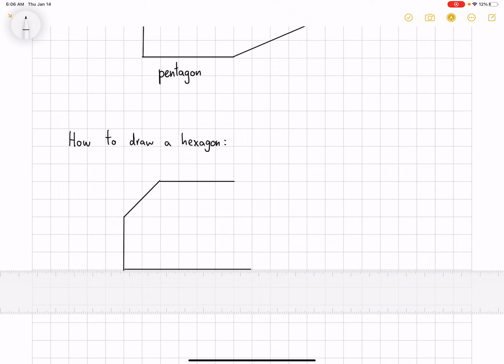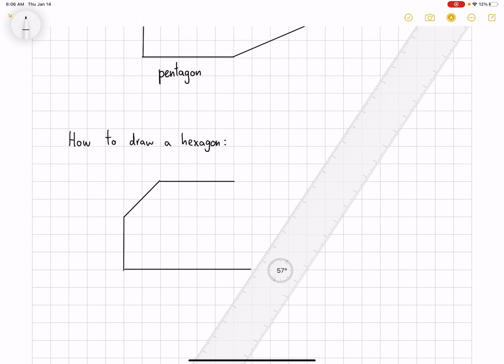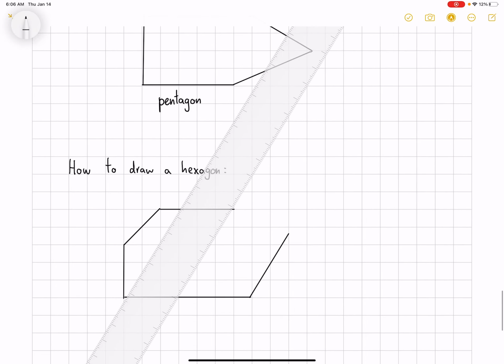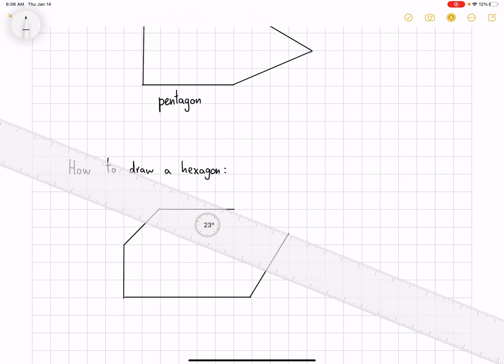Now remember, we have already 4 and the hexagon has 6, right? So we still need 2, so we are not going to close it yet. Just make 5 and then let's close it like that. So 6.